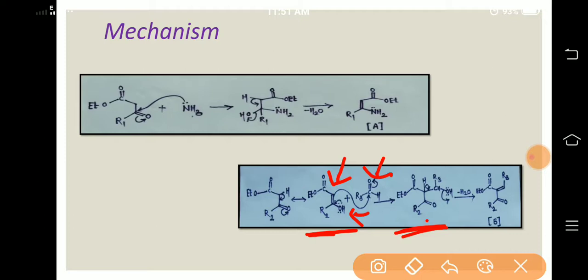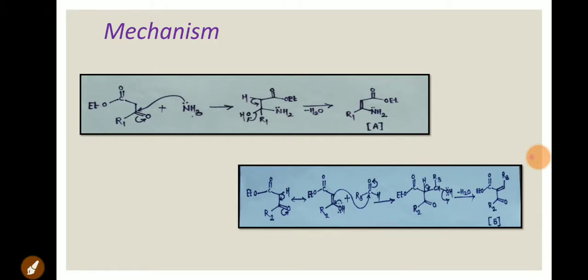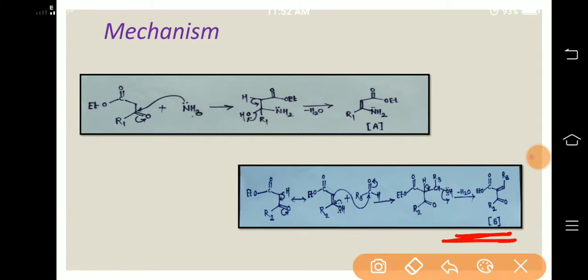Then hydroxy group generated here can abstract alpha proton from this alpha carbon, hence involve a removal of water molecule and leads to the formation of alpha beta unsaturated beta keto ester. In both the steps, a removal of alpha proton will take place. This product formed here is shown by B.